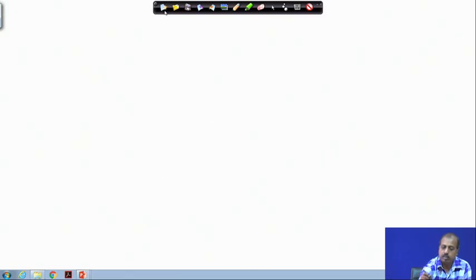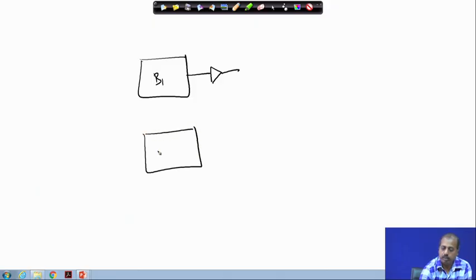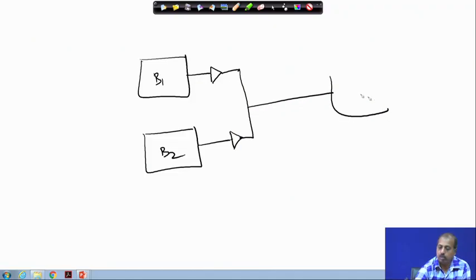Let us take a new page. We have this B1 and its output is put to a buffer, and we have a block B2, and the output of B2 passes through another buffer, and these two are now connected, and that goes to the block B3.